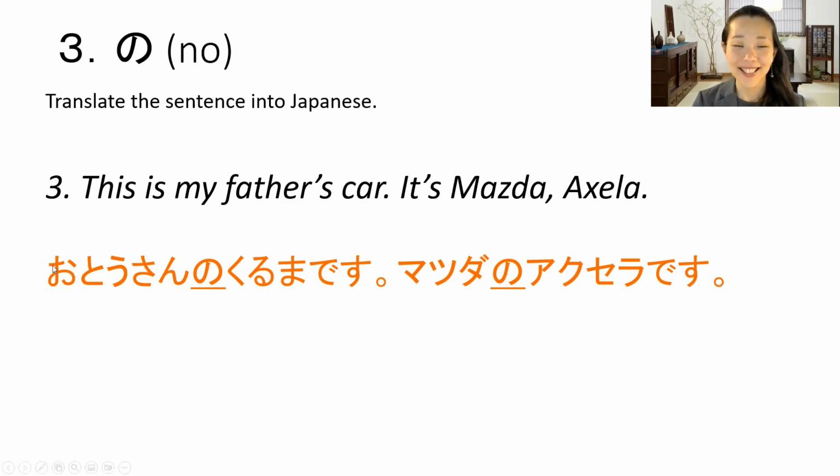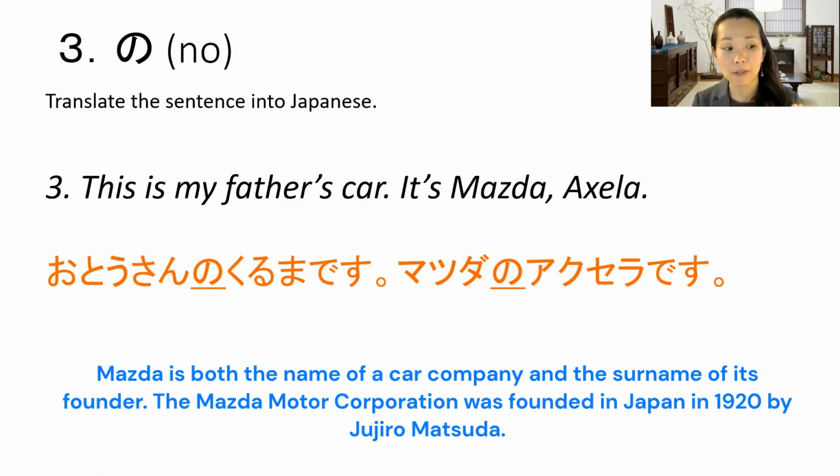Okay, let's practice. Repeat after me. お父さんの車です. マツダのアクセラです. Western people pronounce it Mazda, but the correct pronunciation of the car manufacturer name is Matsuda, more flat. It's originally the family name of the founder, Matsuda.